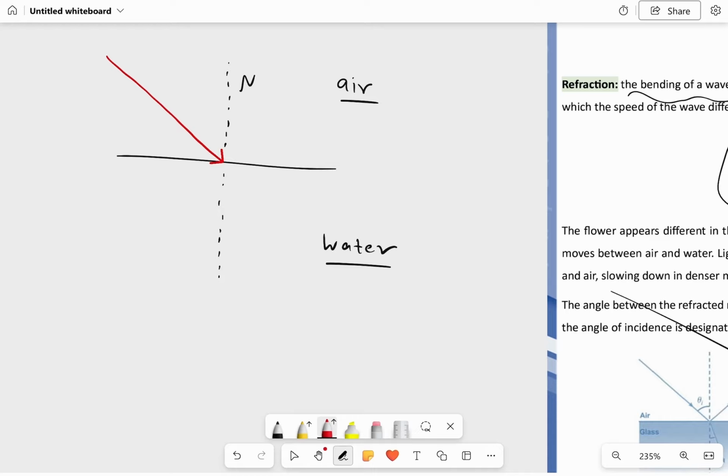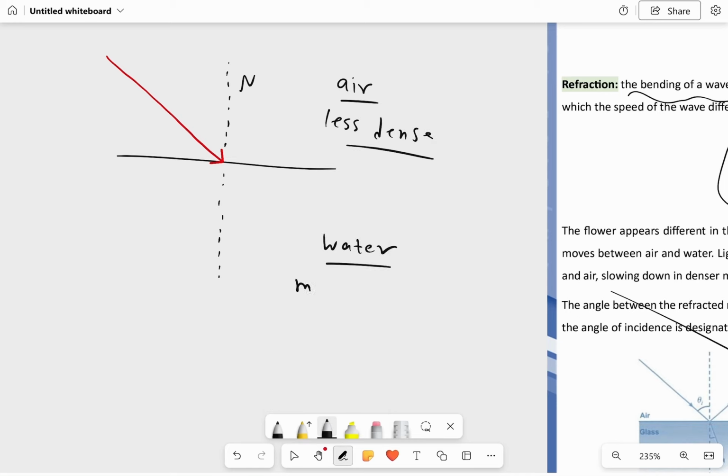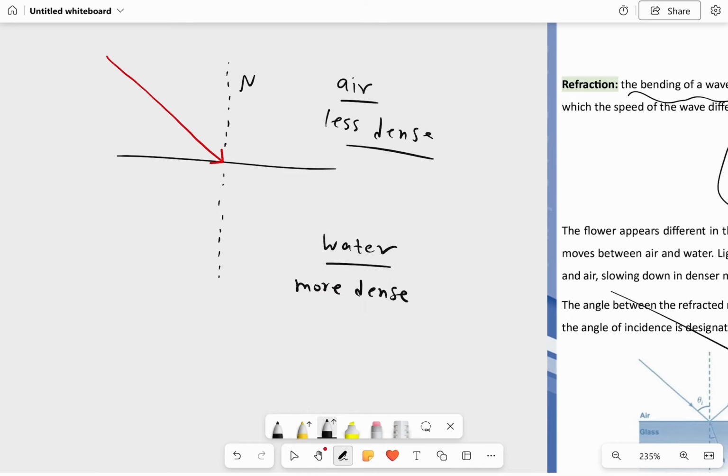If light goes from a less dense medium, so this is less dense, to a more dense medium, so this is more dense, which means the density of water is higher, then before that, let me write this too.